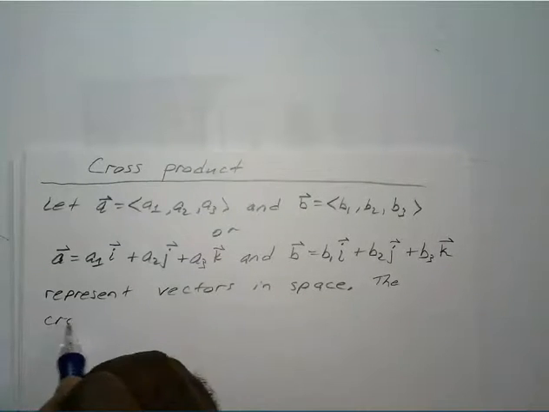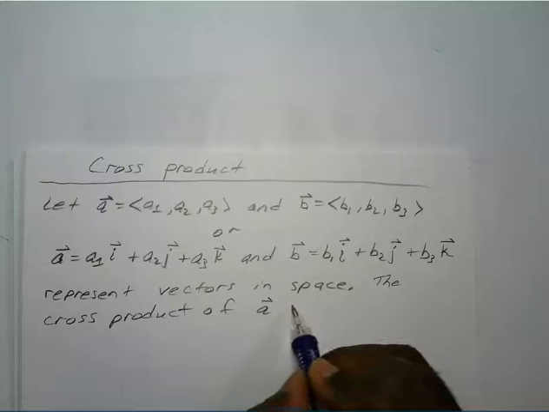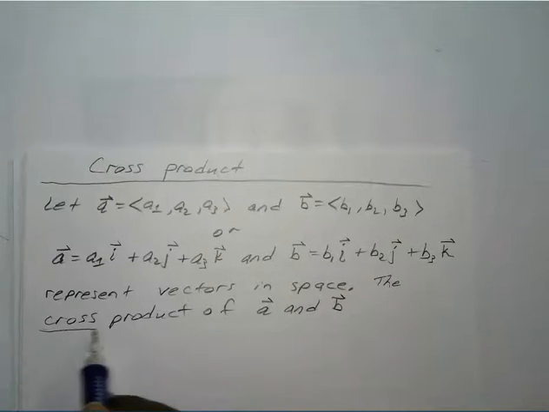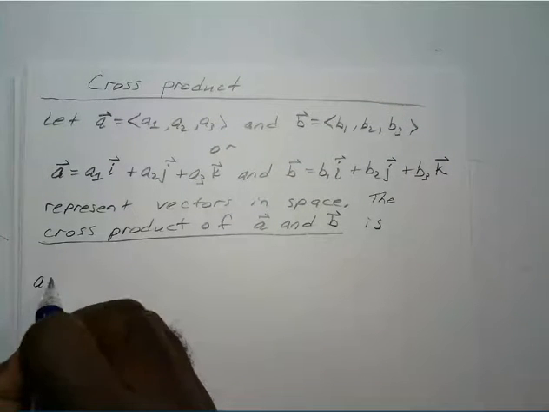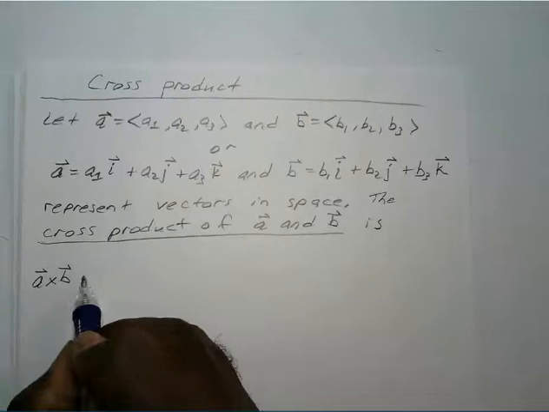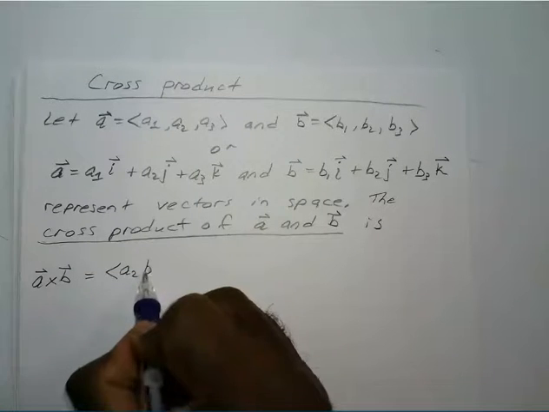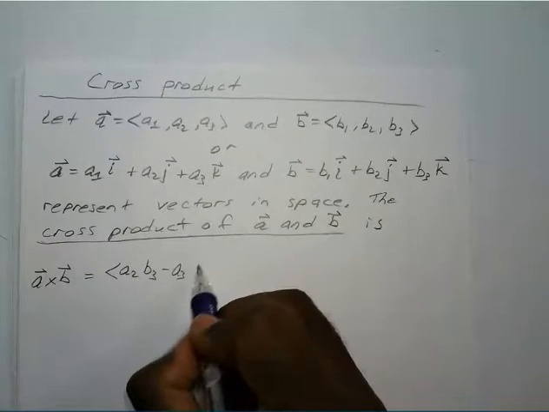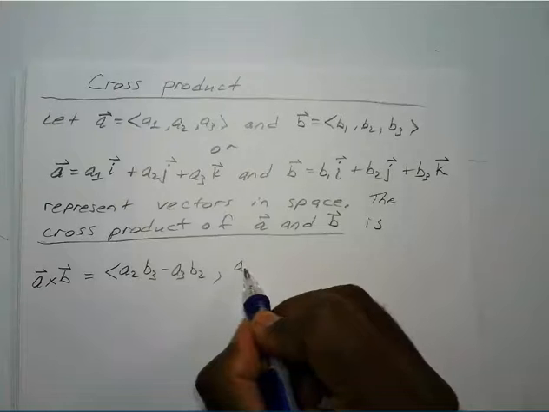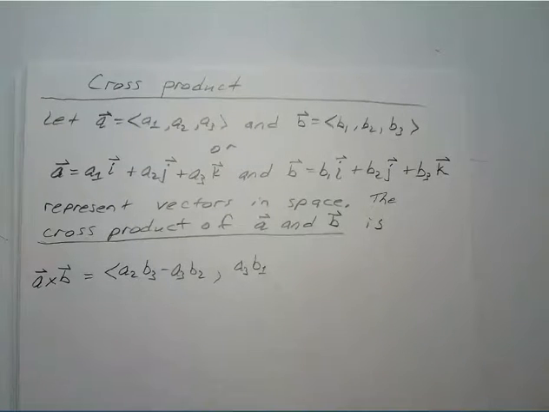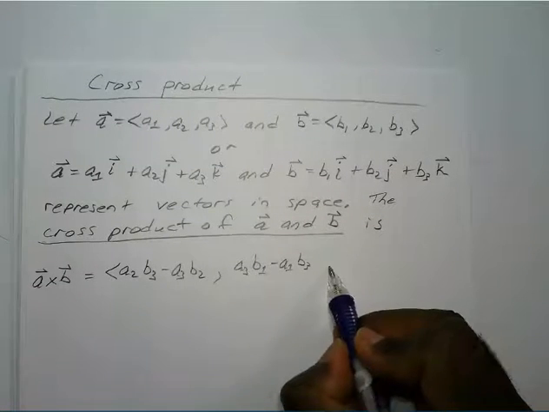We know the cross product of vectors A and B, go ahead and underline that, is equal to the second component of A times the third component of B minus the third component of A times the second component of B. Then we have the third component of A times the first component of B minus the first component of A times the third component of B. Put a comma there.